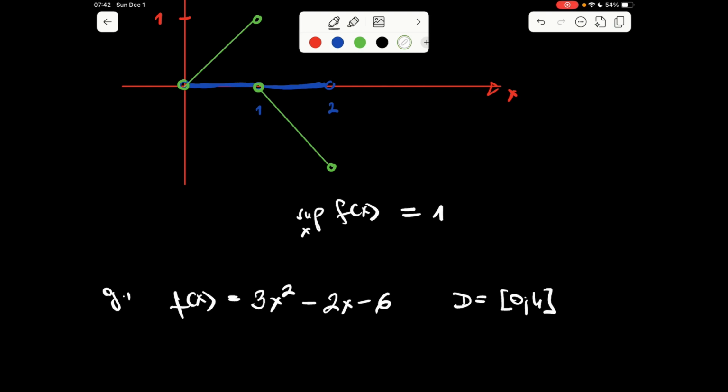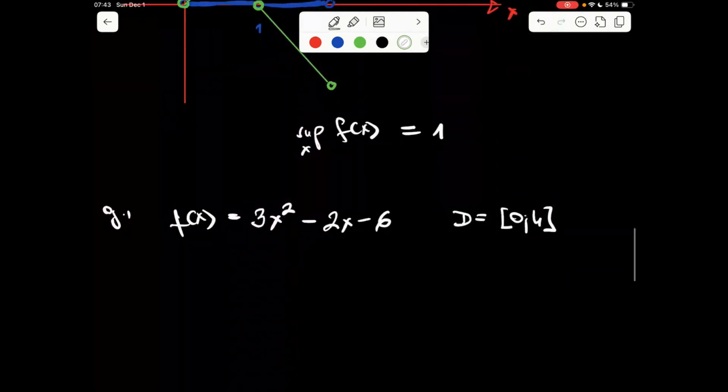So we can note that we can use the Weierstrass theorem because we have a compact domain. Actually, it is closed and there are no holes in the domain. So we have a compact domain, and the function is continuous over the compact domain. So we can use the Weierstrass theorem.